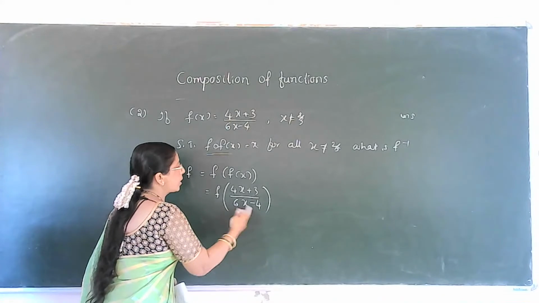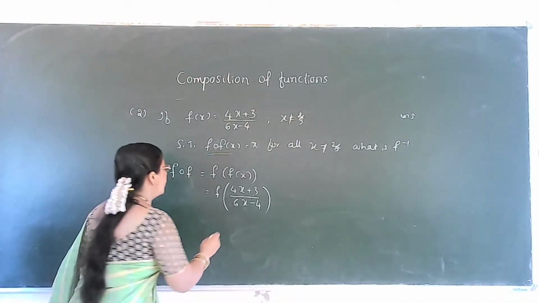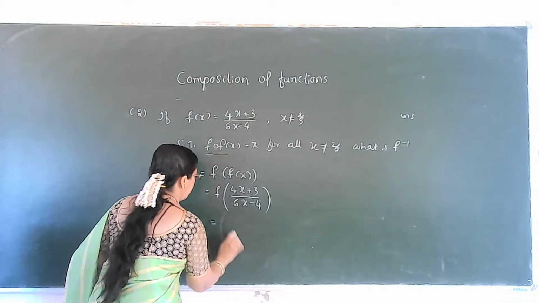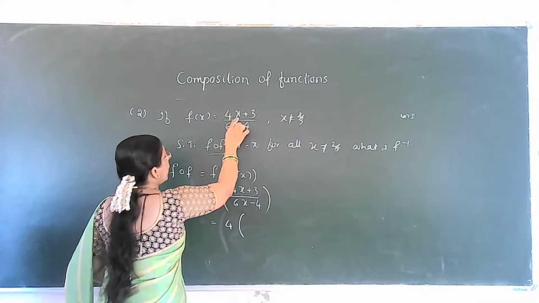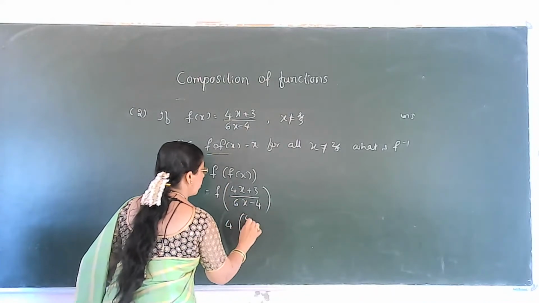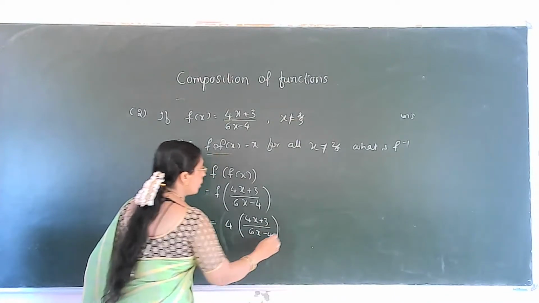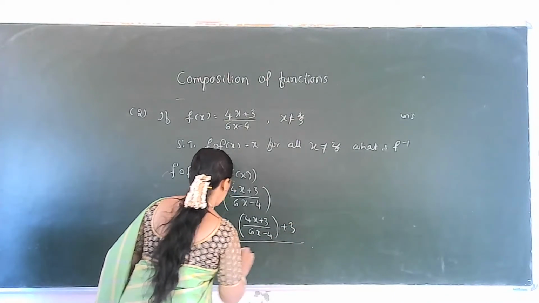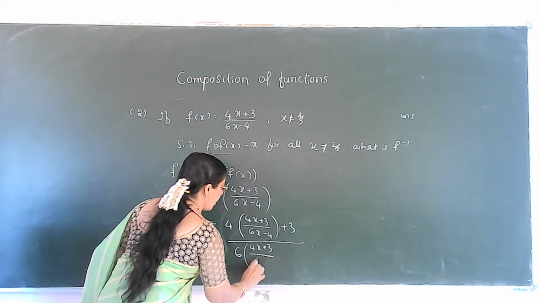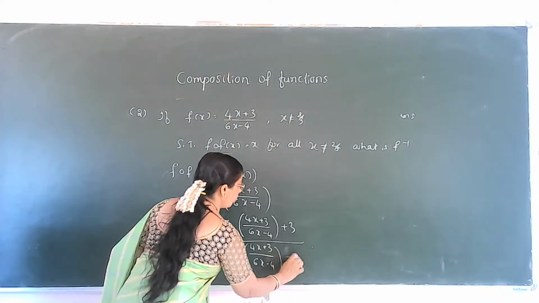We substitute the x value in f of x itself. Therefore, we write 4 into (4x plus 3 divided by 6x minus 4) plus 3, divided by 6 into (4x plus 3 divided by 6x minus 4) minus 4.